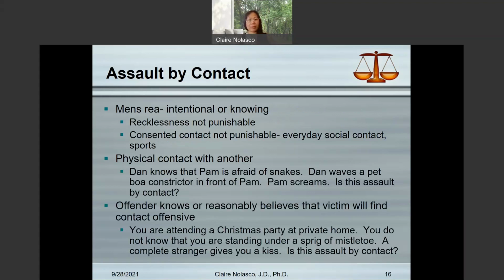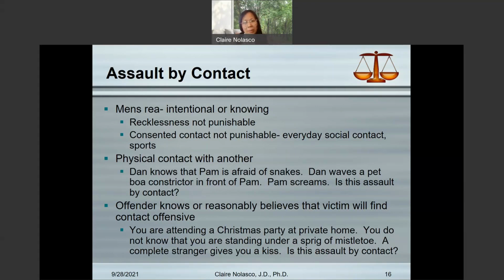The third type of assault is assault by contact. The mens rea required is intentional or knowing. Recklessness is not punishable. So if, for example, walking down the street or the hallways when it's crowded and accidentally pushing someone, where it's not intentional or knowing, but maybe reckless or negligent, there's no assault by contact.